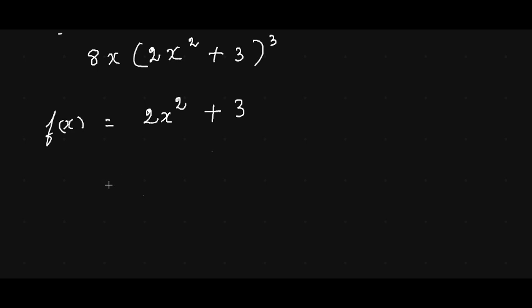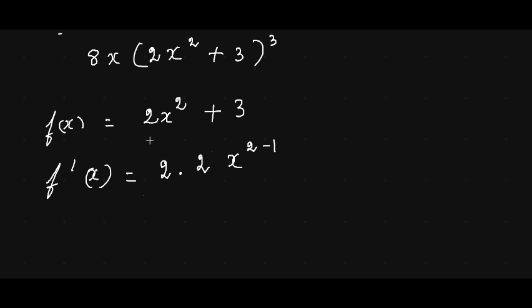Okay, I know that. And if I know that, then I can find the f prime of x. Correct? F prime of x, I need to just differentiate, and when I differentiate, this is 2 multiplied by 2x to the power of 2 minus 1, plus that constant goes away because the derivative of a constant is zero.